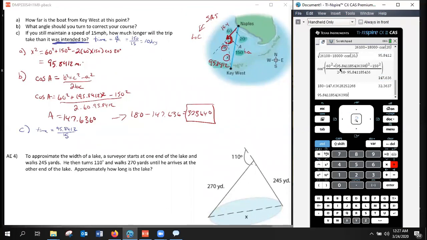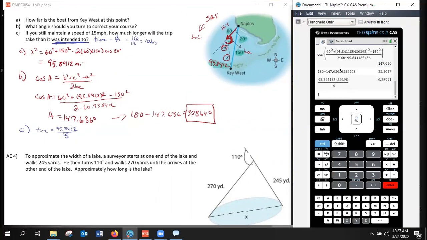That divided by 15 gives me 6.389. 6.389, and our units are still hours. And if we add that to the 4 hours that we originally traveled, this gives us 10.389 hours. So that 10.389 hours, how much longer? To answer, 0.389 hours longer.